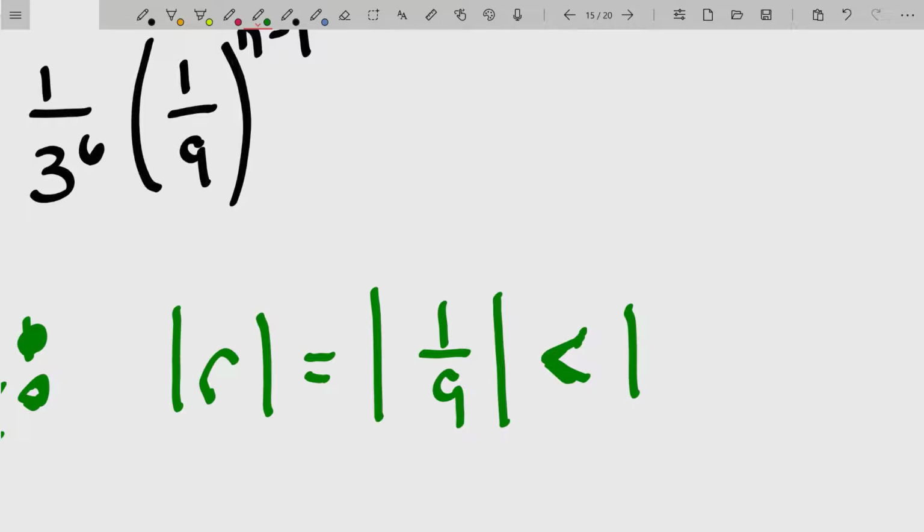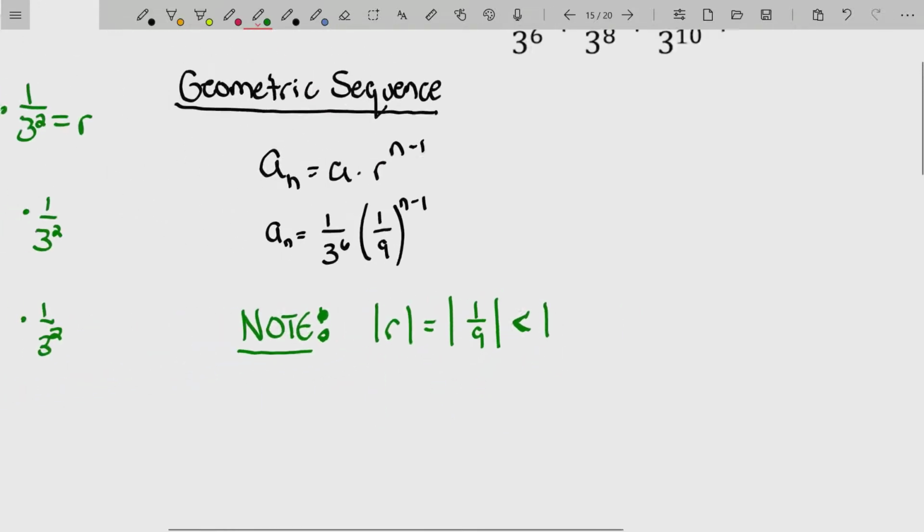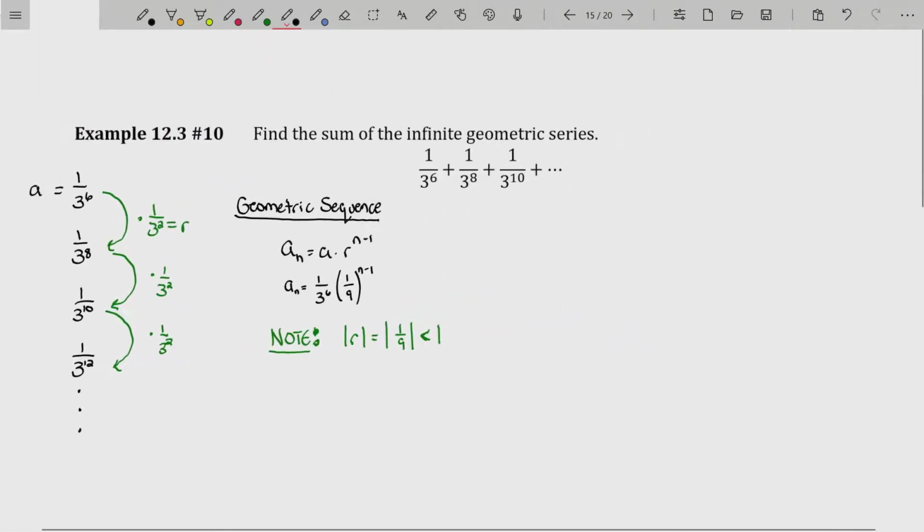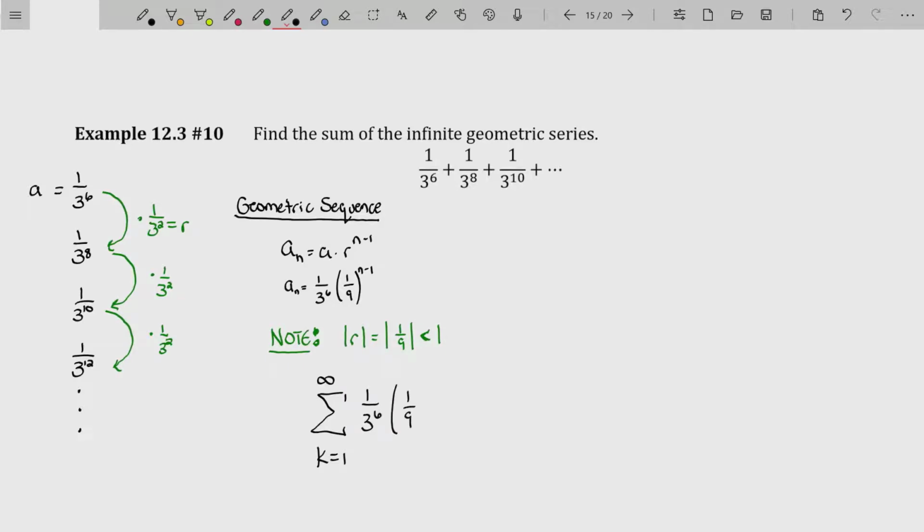And once I know that, I know the summation of all of these terms forever will converge to something. So this series, summation k equals 1 to infinity of 1 over 3 to the 6th times 1/9 to the k minus 1, should equal, according to the previous theorem, the a value over 1 minus r, because our common ratio is less than 1 in magnitude.